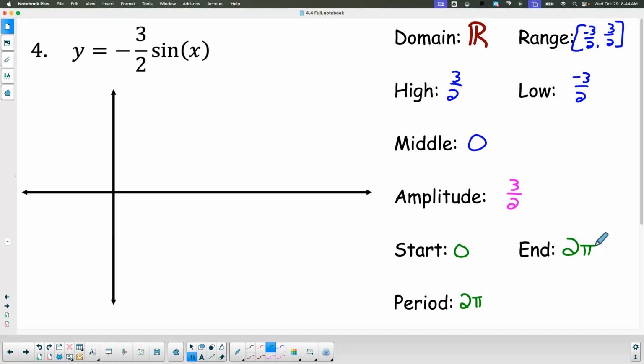Sine curve with a negative, so that means it's going to be flipped over.